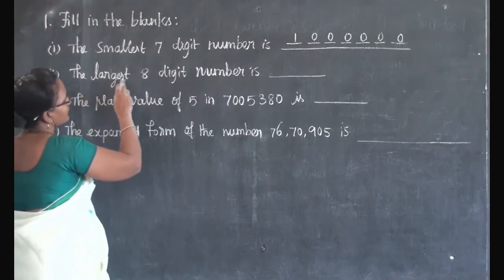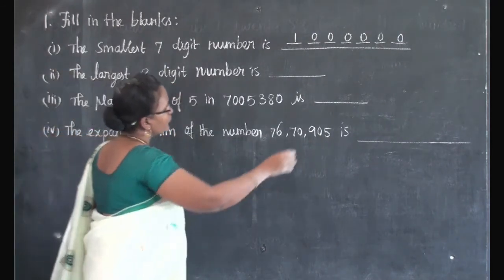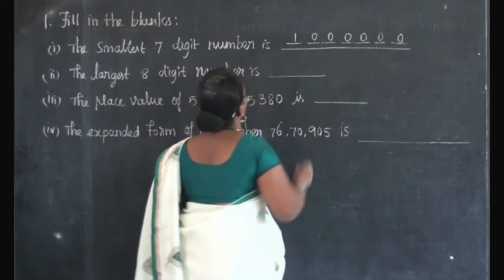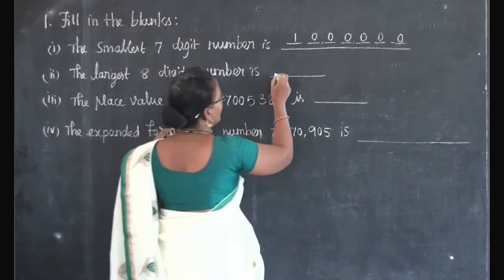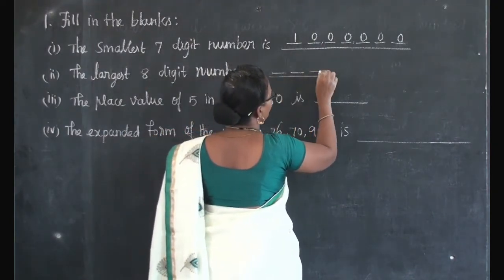The largest 8-digit number. We put commas here. Largest means form of 9.